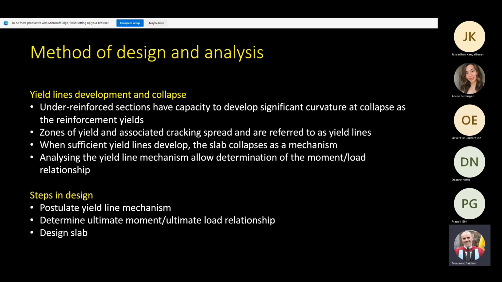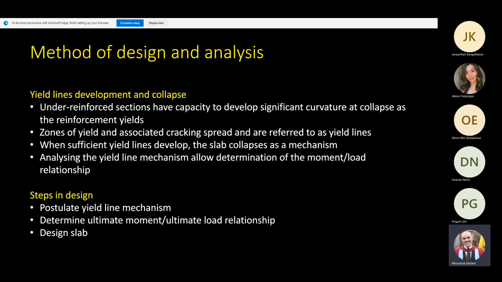What's the analogy in the plastic theory of structures for cracks? Yield lines. What is the analogy in the plastic theory? Plastic hinge, exactly. If you remember, we used to say when you have sufficient plastic hinges forming, the frame or the beam will collapse. It's exactly the same here.